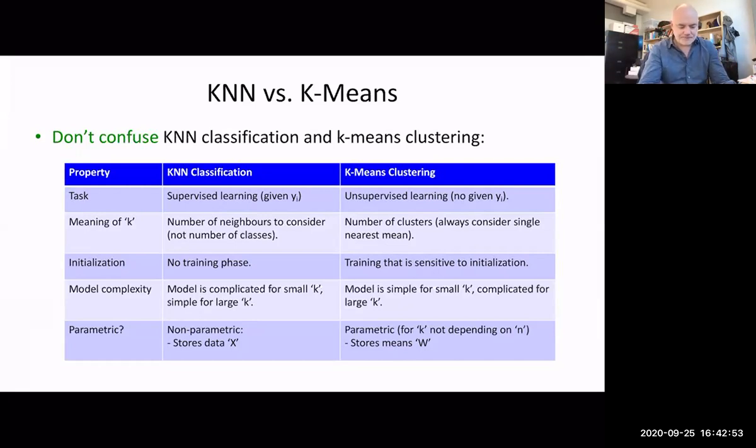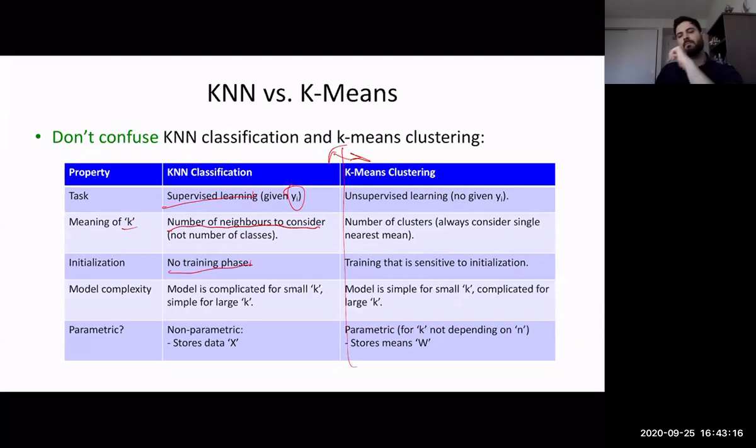So don't confuse k-nearest neighbors classification with k-means clustering, right? It's easy to get them mixed up because of the name, right? So k-nearest neighbors is a supervised learning problem. You're given the label. The meaning of k in k-nearest neighbors is the number of neighbors to consider. K-nearest neighbors requires no training.